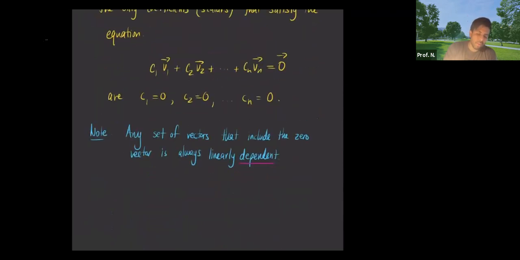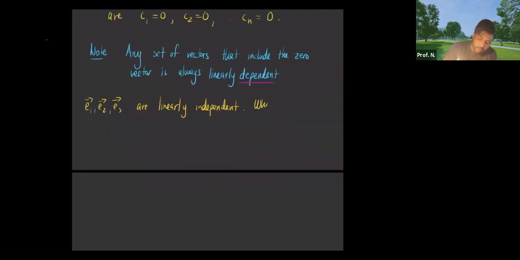Well, we can start with the basic ones. E1, E2, and E3 are linearly independent. How is that? Why is that? Well, what is C1 E1 plus C2 E2 plus C3 E3 when you make this equal to 0?